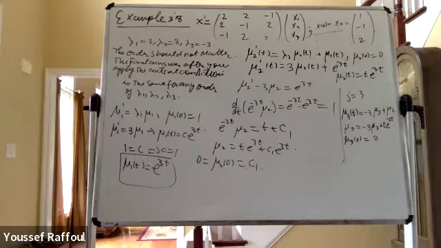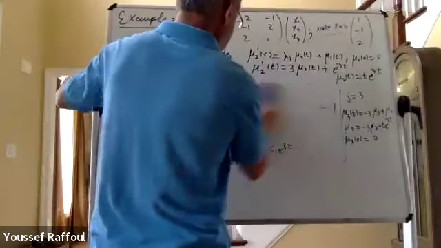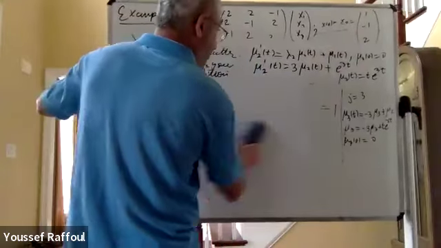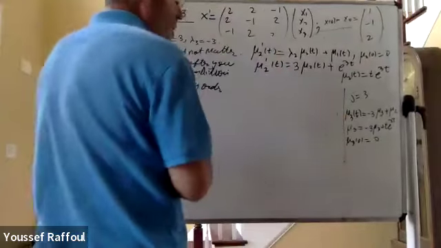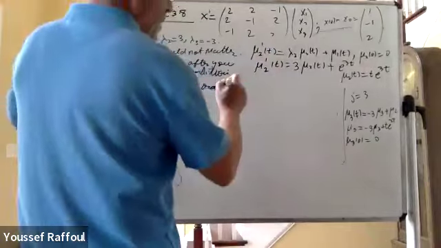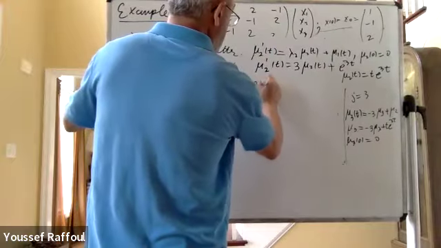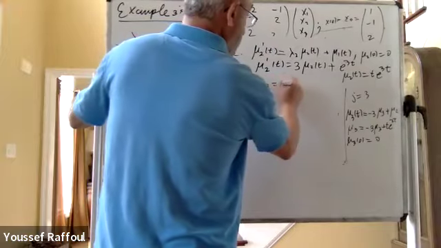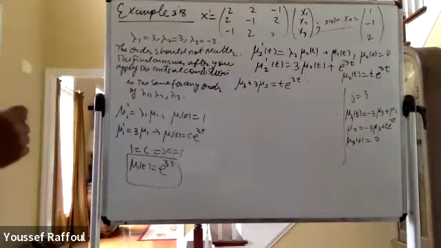All right. So I'm going to erase this and try to do it. So again, it's mu 3 prime plus 3 mu 3 equal t e to the 3t. All right.